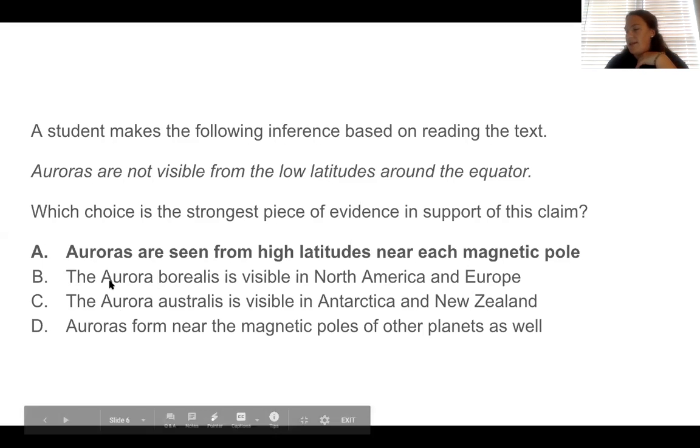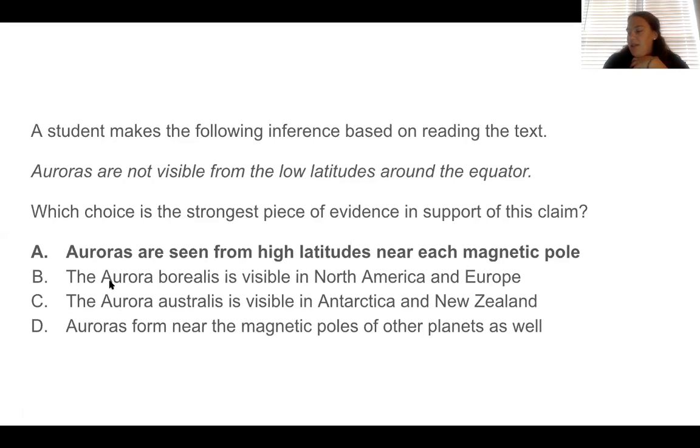You might wonder why it's not B. B is incorrect because it does, in fact, show some places where the aurora borealis can be seen, but it's not enough evidence to make this particular inference. So this inference was made, and now we're looking for the best evidence. So this right here doesn't necessarily say anything about not being visible from low latitudes. It is something that's in the text, but it doesn't support this inference.